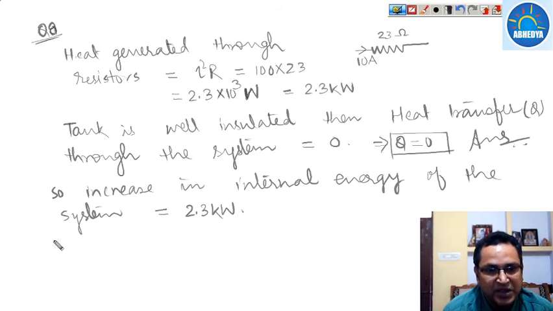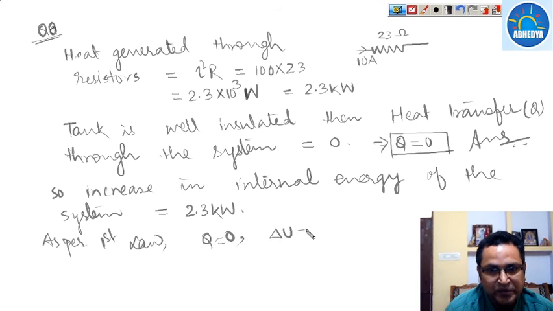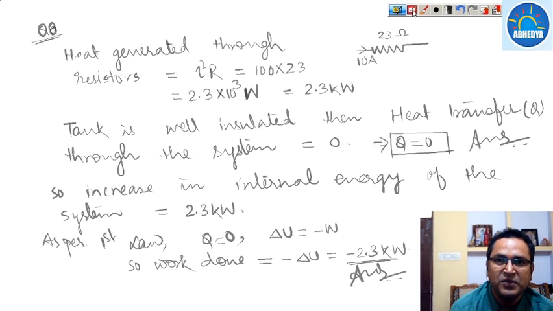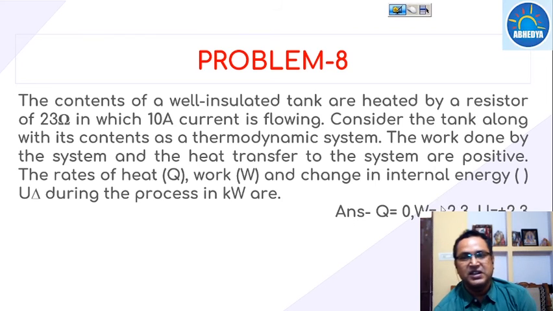As per the first law, since Q is equal to 0, delta U becomes minus W. So the work done is equal to minus delta U, which is minus 2.3 kilowatt. So the total work done is minus 2.3 kilowatt, while the total change in internal energy of the system is 2.3 kilowatt.